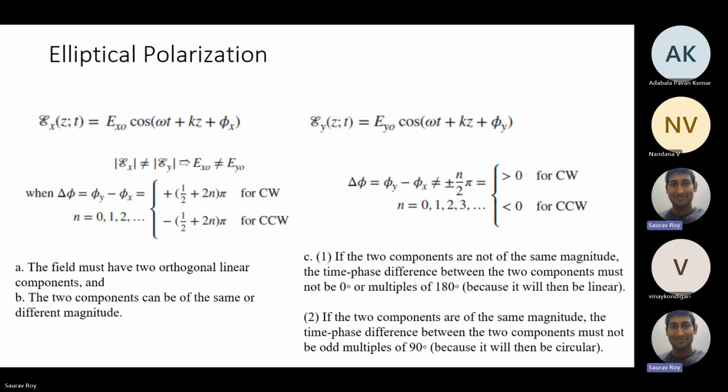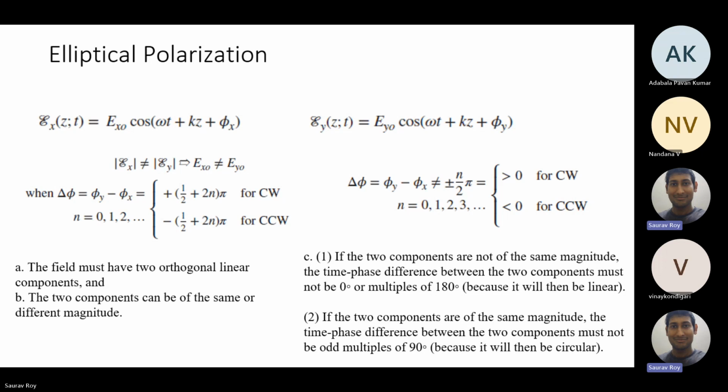So for elliptical polarization, we have taken the same set of equations, Ex and Ey components. In what conditions do we say it is elliptical? It is when the absolute values of the fields are not the same, Ex naught not equal to Ey naught. And the difference between the phases can be anything.